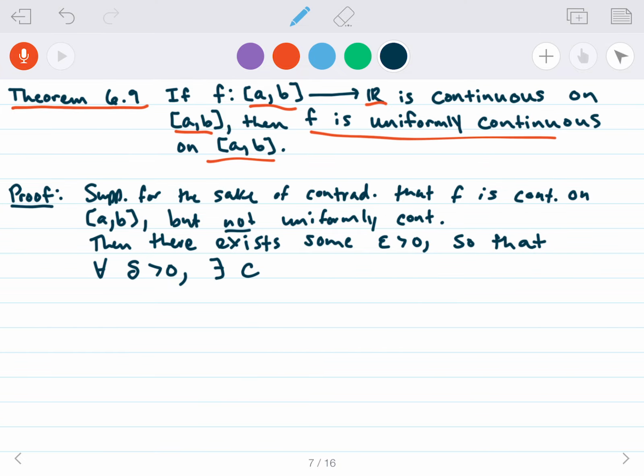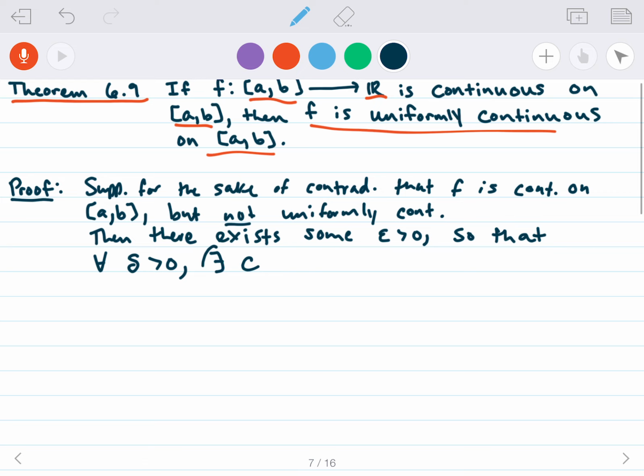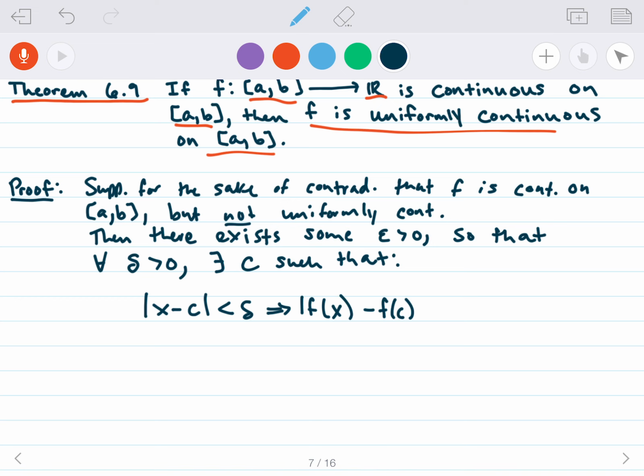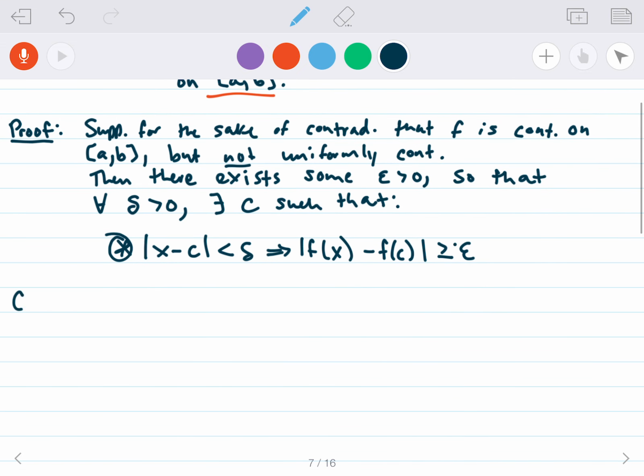Okay, I think I said in the previous for all c, but no, there exists a c is the negation, such that |x minus c| less than delta implies that |f(x) minus f(c)| is going to be bigger than or equal to epsilon. Okay, so that is our negation of the uniform continuity statement. All right, so we're going to consider the following.